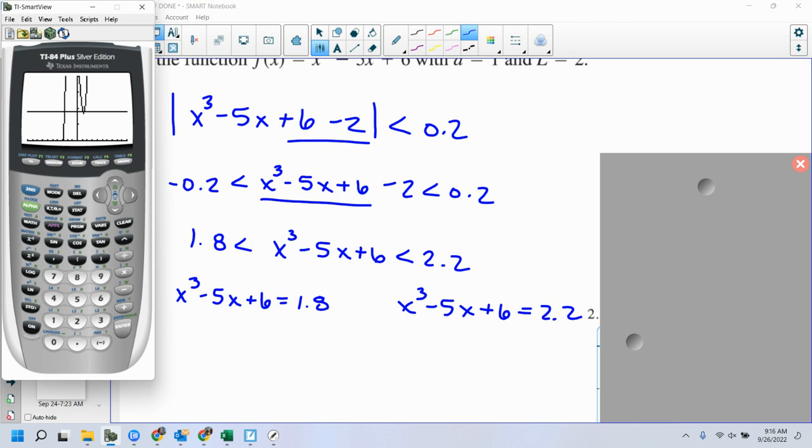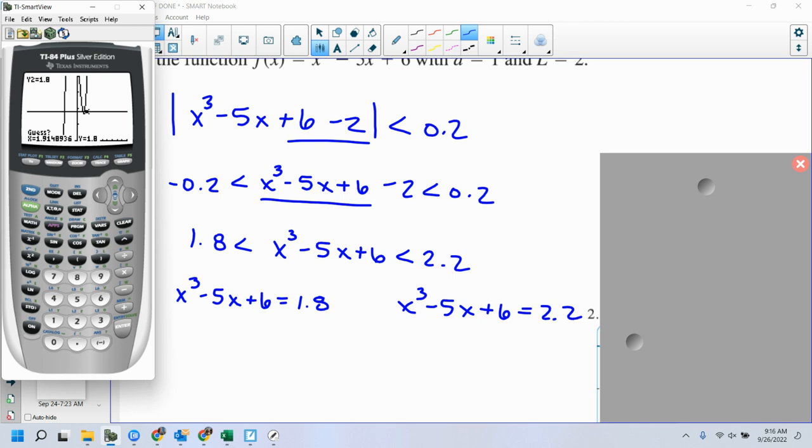Okay. But what I'm looking at here is I want to find my intersection points. Second calculate intersect. Now I wanted to get closer and closer to 2. So my first curve, enter. My second curve, enter. Now when I guess, I want to get closer and closer to 2.